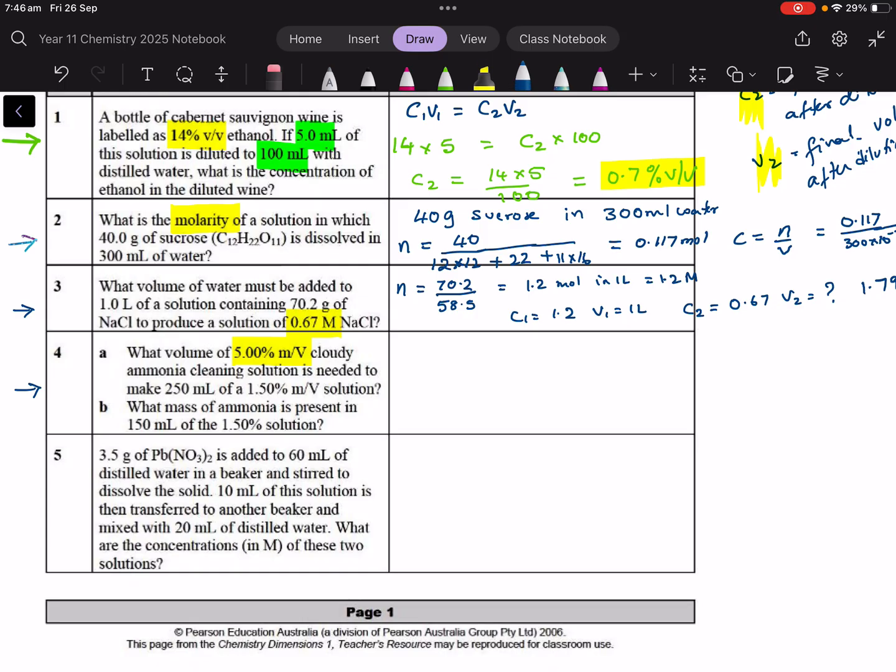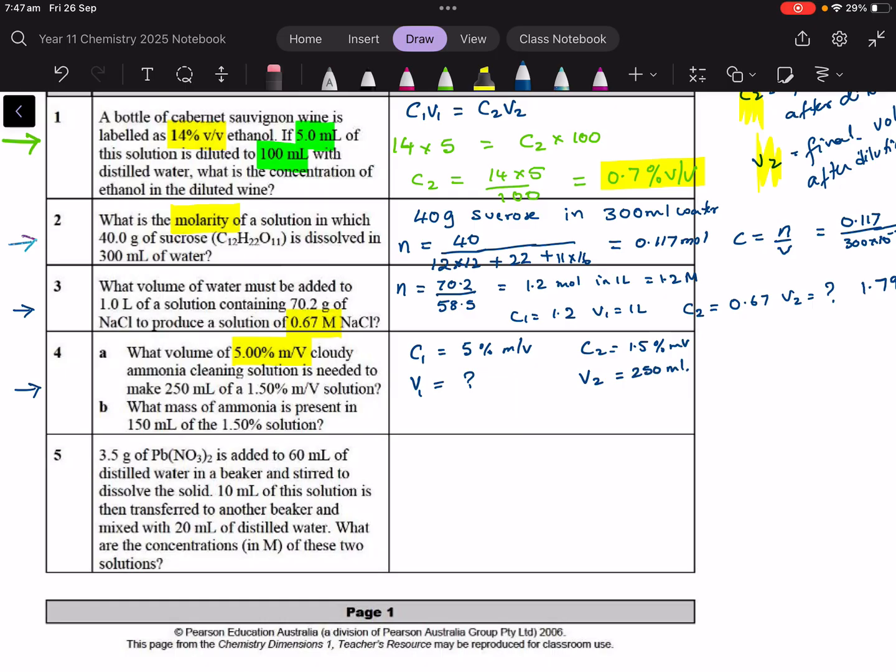You have C1 is equal to 5% mass over volume. C2 is 1.5% mass over volume. Your volume of the initial solution you need to find. You want to see how much you should take, whilst the final volume that you need is 250. You want to make a 250 ml solution.